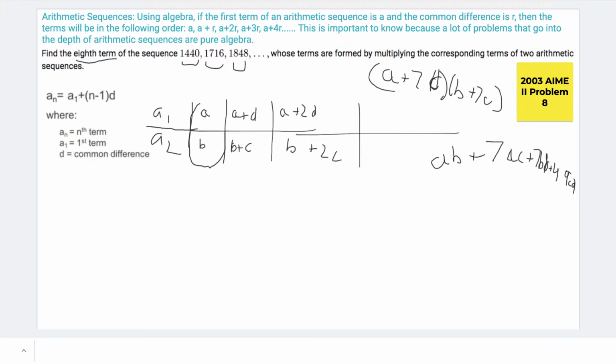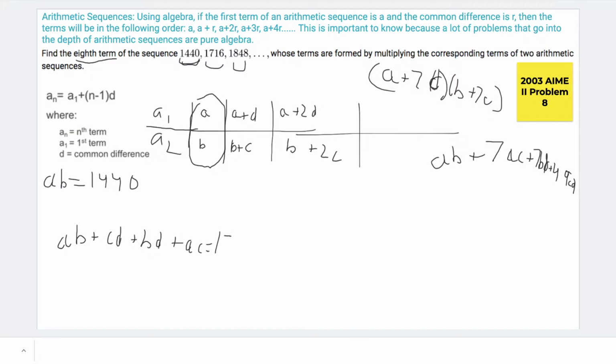Now to solve this problem, we know that the first terms of both of the sequences multiply to the first term of this sequence. So we know AB equals 1440. Now, the next two terms multiply to 1716. So A plus D times B plus C is just AB plus CD plus BD plus AC, and this equals 1716.